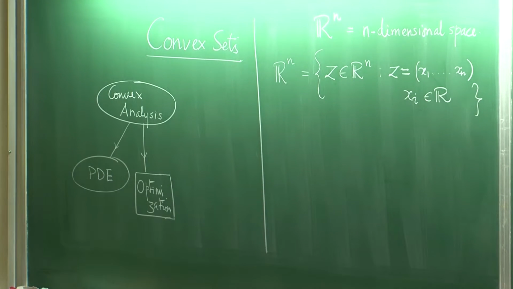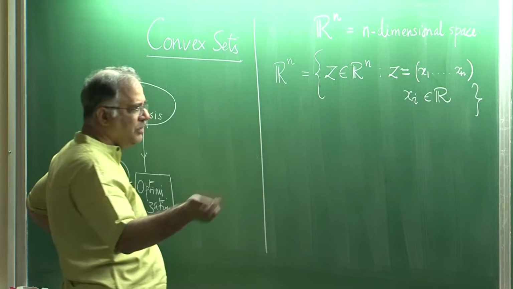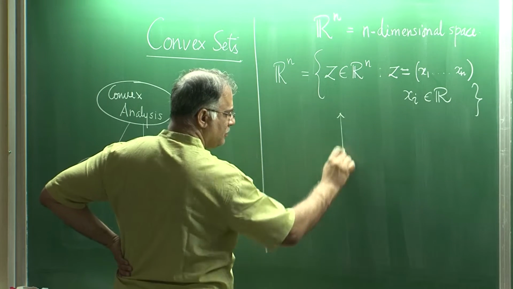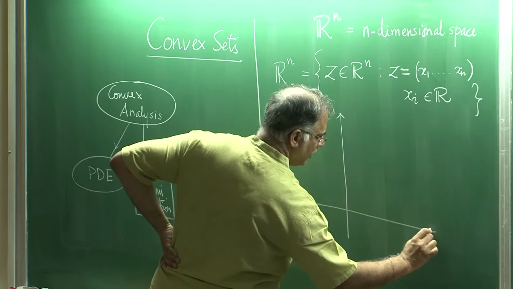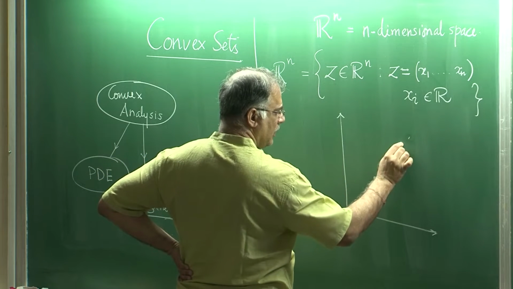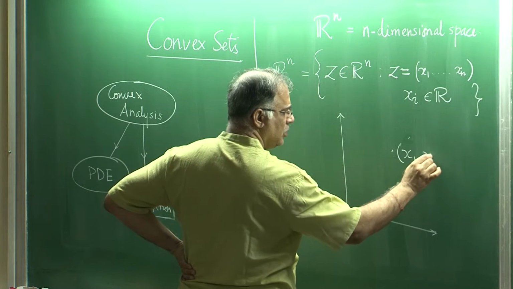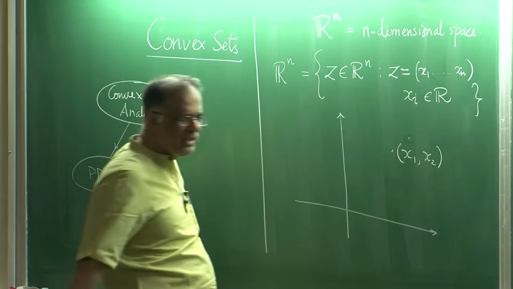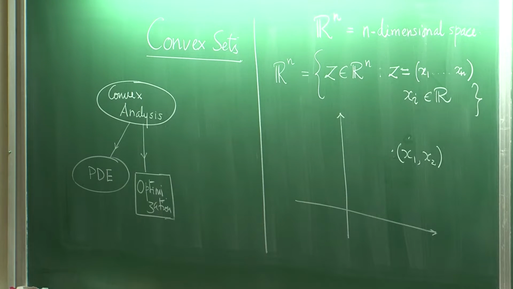The prototypical example is the Cartesian coordinate plane, which you know from your high school days, the two dimensional plane. Any point that you take here can be expressed in two numbers, the x coordinate and y coordinate.